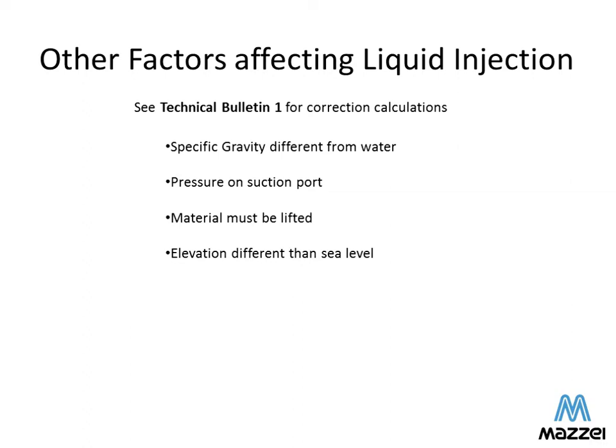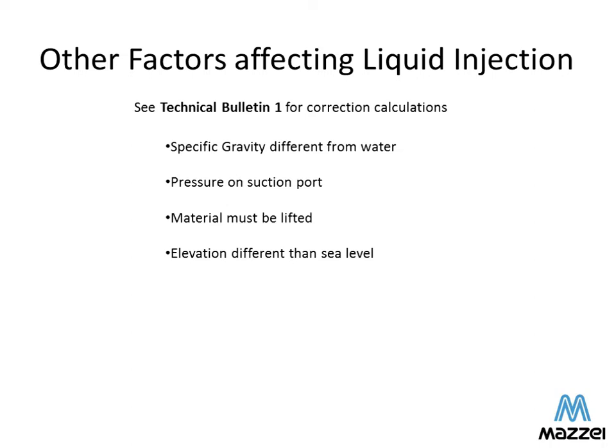Another factor would be if there is a pressure or vacuum on the suction port, and that could potentially be in the form of the location of the liquid with relationship to the location of the injector. So let's say the liquid is in a tank that is 5 feet above where the injector is physically.